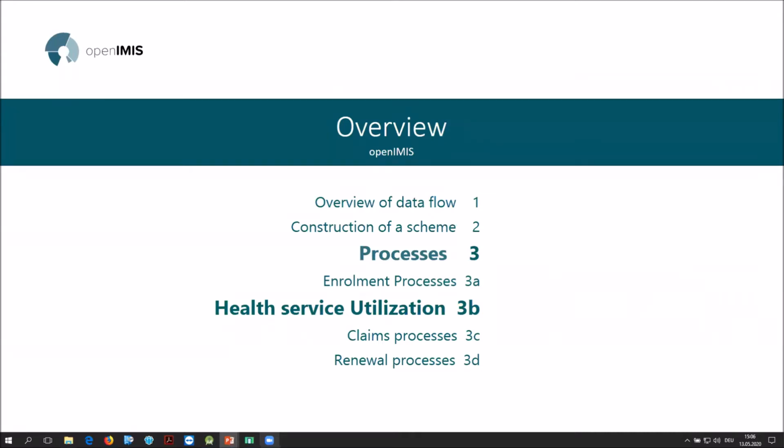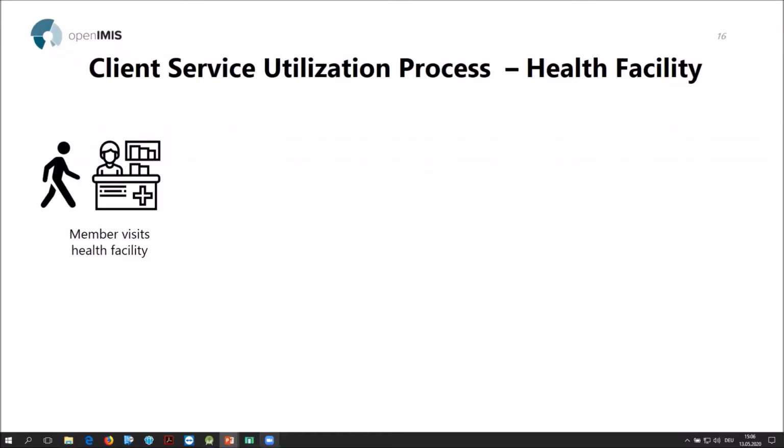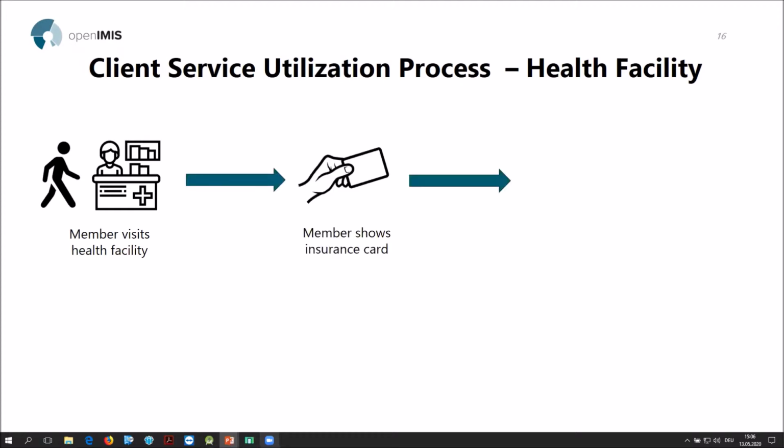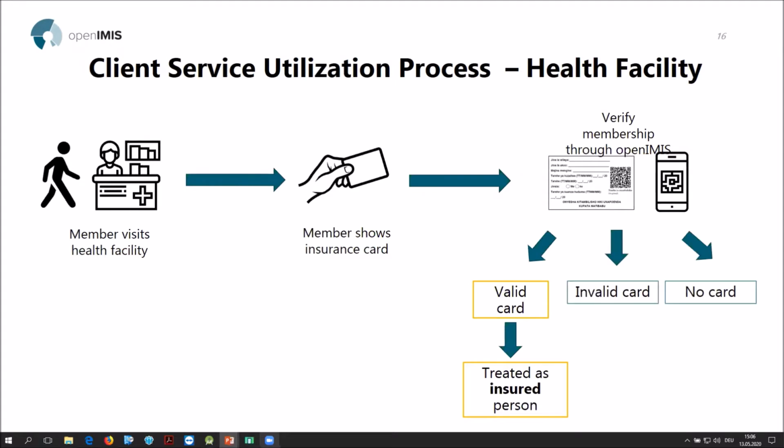In the same way, I'll just cover health service utilization and then go to the demo server to explain how this functions. As I mentioned, an individual who's insured has this card, and that person then goes to the healthcare facility with this card. The card is shown, and using openIMIS, a verification is made of this individual.